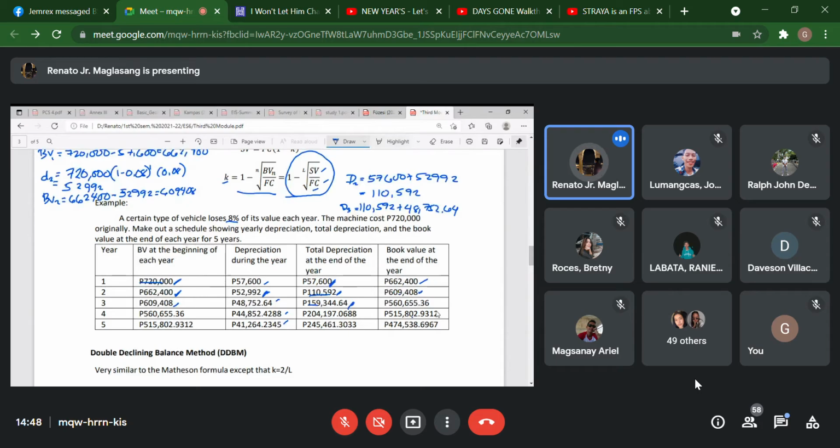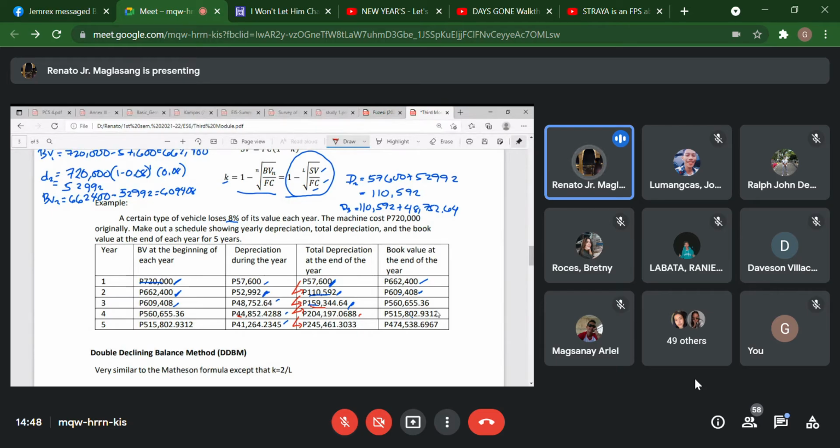So it's like you add this one and this one to get this one. You add this one to get this one, and so on. So you will add the total depreciation at the end of the year. So for example, this one, 159,000 plus 45,000 to get 204,000.